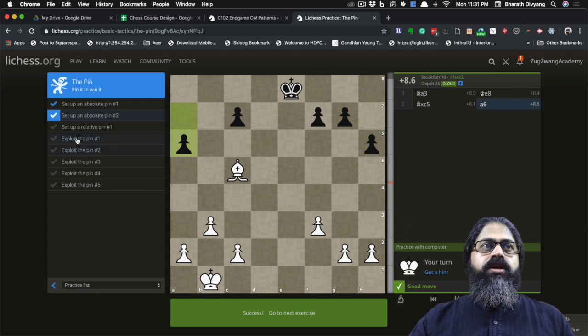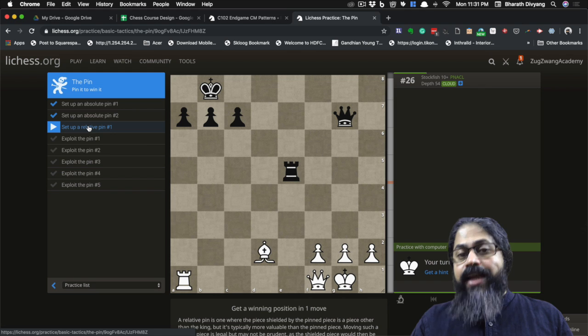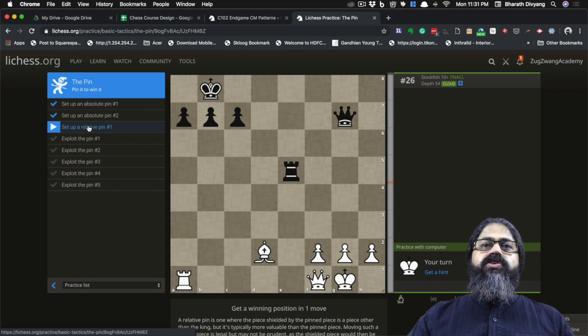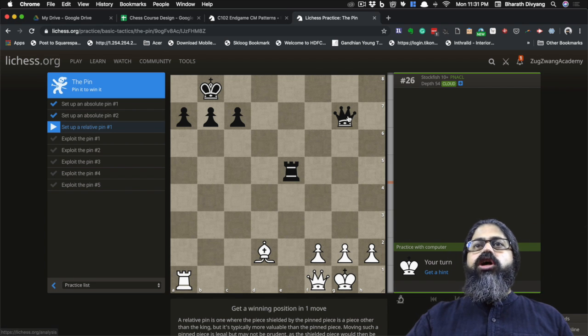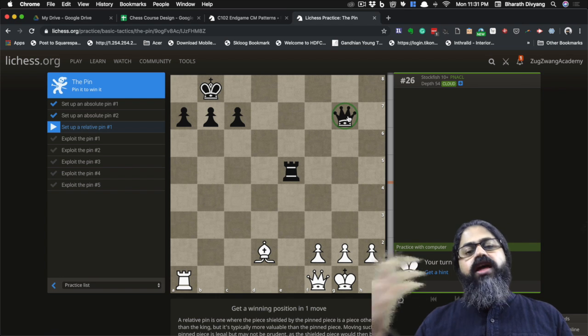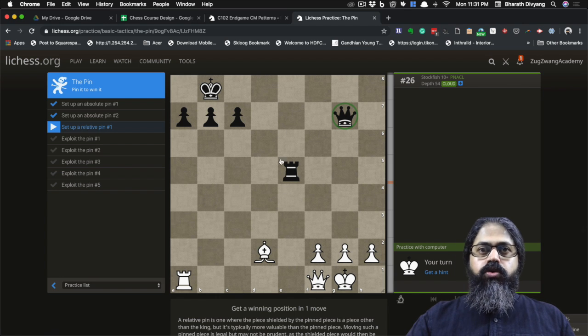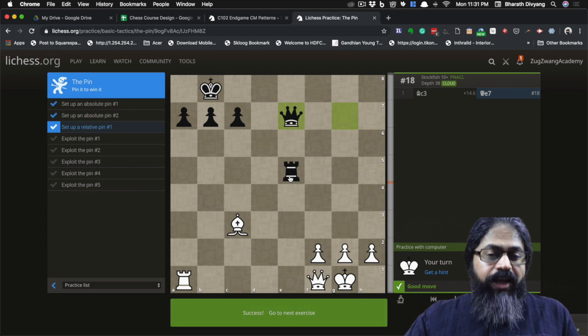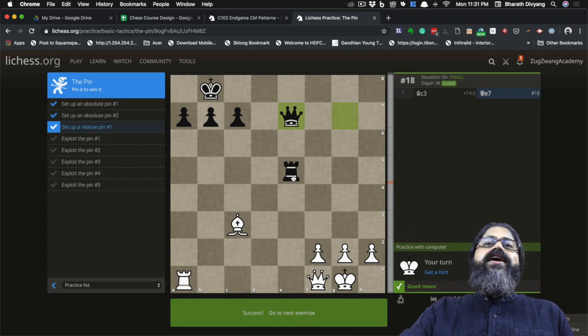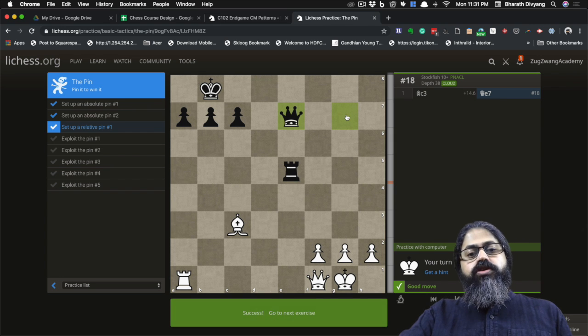That's an absolute pin. Now the second type of pin is called the relative pin. The relative pin is very similar to the absolute pin, except that in a relative pin, the piece behind the pinned piece is not the king, but rather the queen or any other piece. So in this case, when you move the bishop and pin the rook, he could technically move, but at enormous loss because he'll be losing the queen after that.